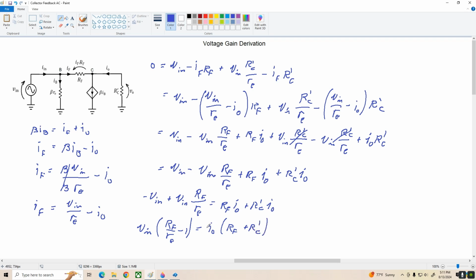And we're going to solve this for I sub O. That means I'll just divide both sides by Rf plus R prime c. And that gives us I sub O equals Vn times Rf over little re minus 1 divided by Rf plus R prime c.